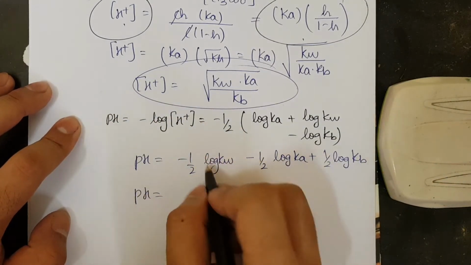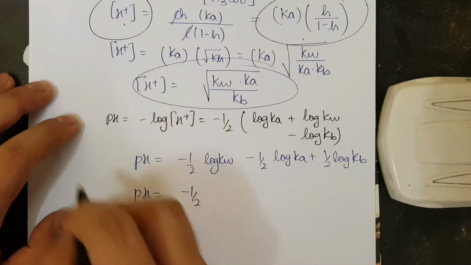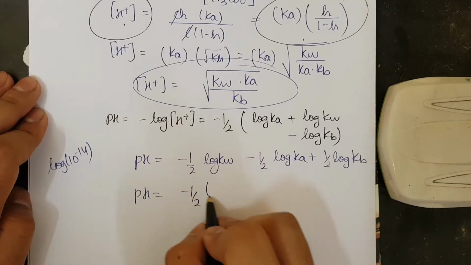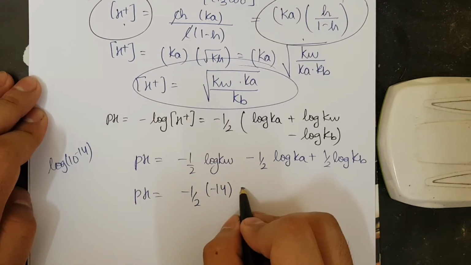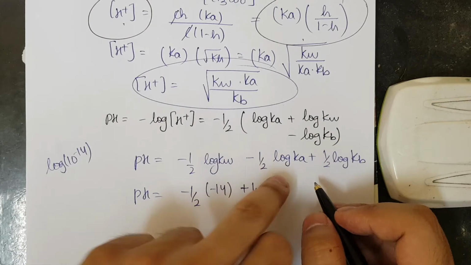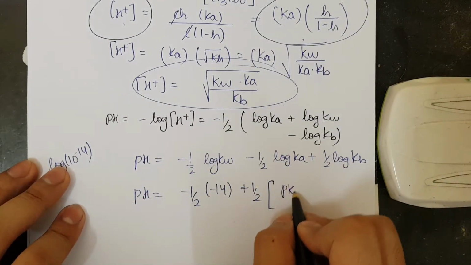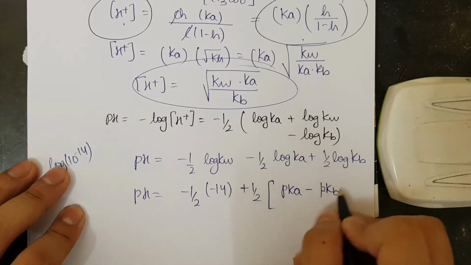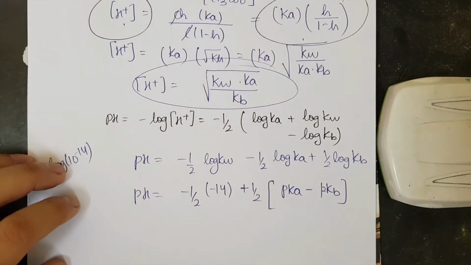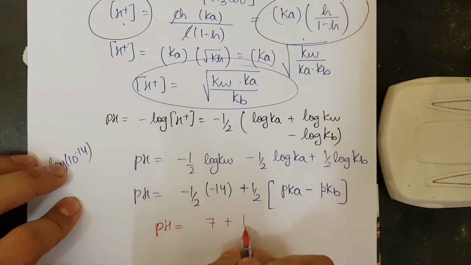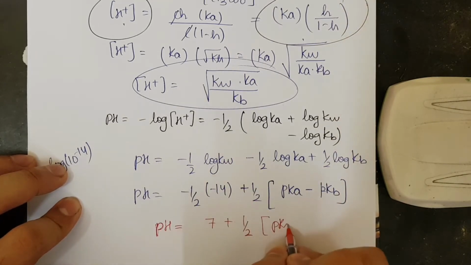So pH is equal to minus 1 by 2 log of Kw, log of 10 raised to power minus 14 is equal to minus 14, minus, let me take 1 by 2 to be common from these two, we get minus log Ka, so that is equal to pKa, plus log Kb, that is equal to minus pKb. So here we get a value of 7 and the pH comes out to be equal to 7 plus 1 by 2 into pKa minus pKb.